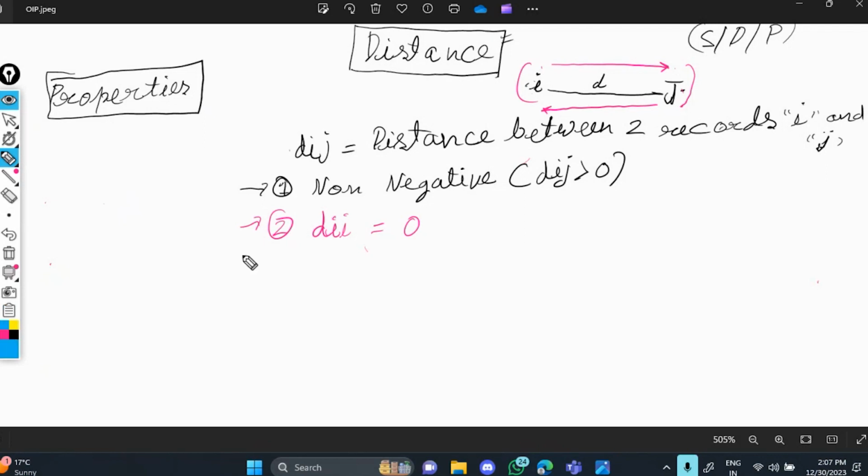And our third property is symmetry, that is dij equals dji.